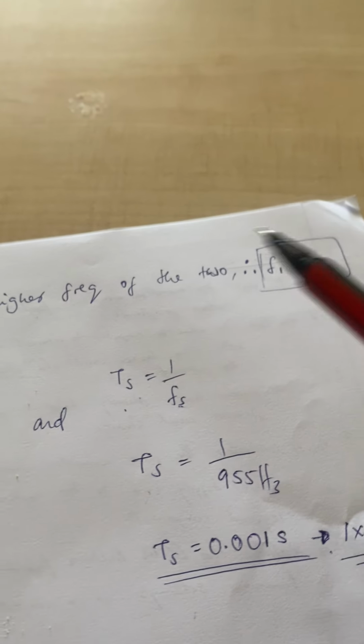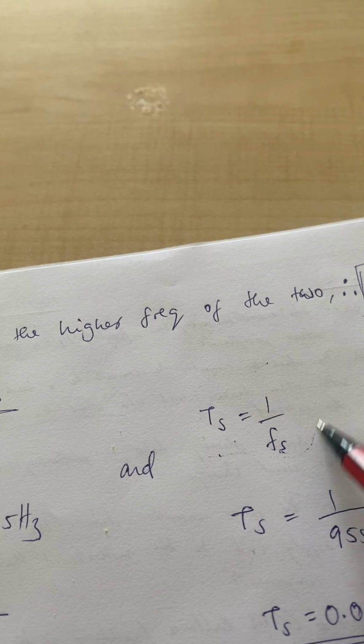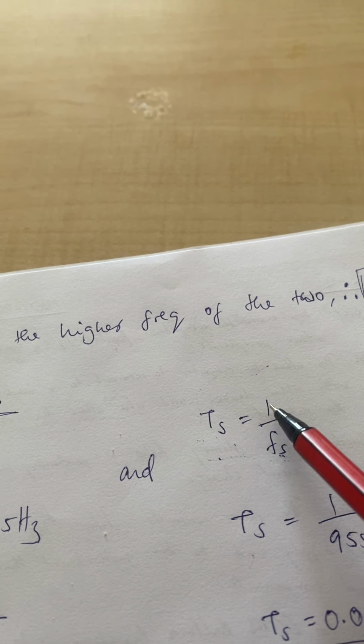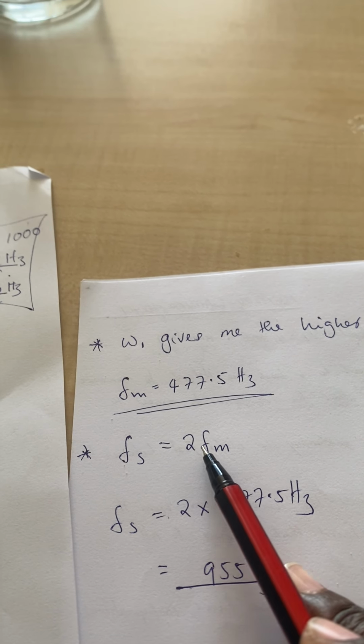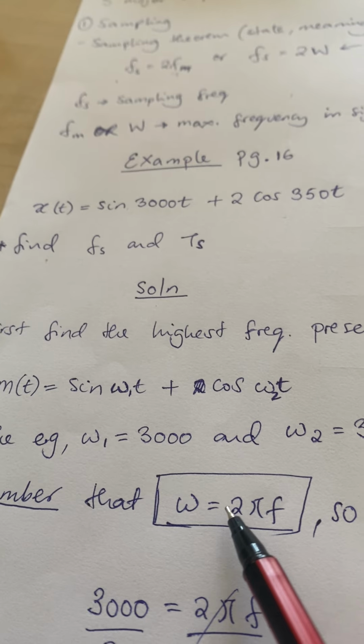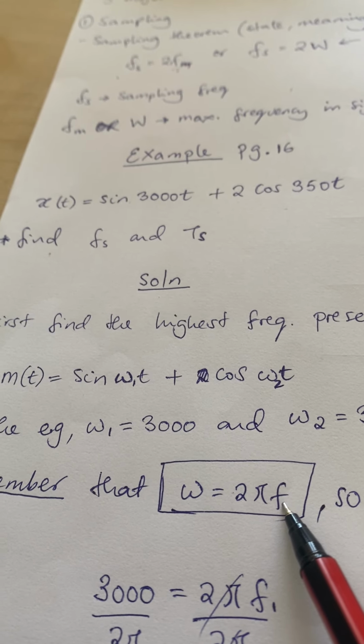So the equations that are important for you to remember: Ts being equal to 1 over Fs, this equation, Fs is equal to 2Fm, and this one, because you need to know the relationship between omega and frequency.